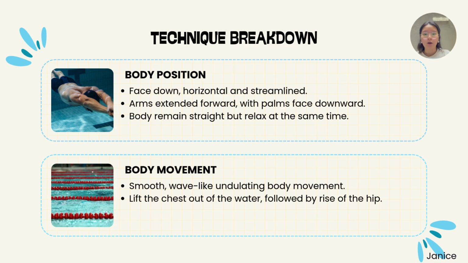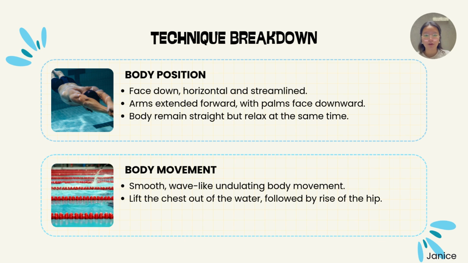Our arms should be extended forward above our head, with the palms of our hands facing downward. Our body should always remain straight but relaxed at the same time, so that we can swim in the correct position but less effortfully.